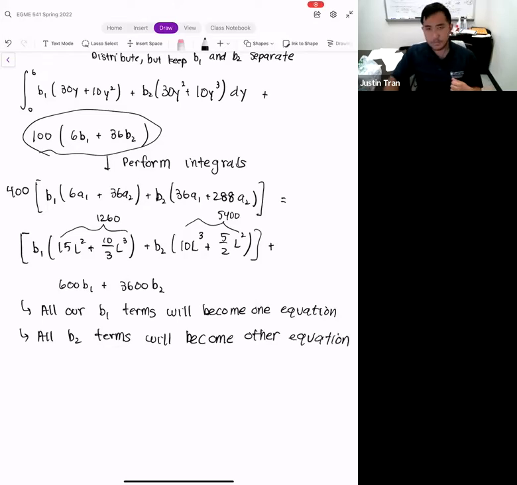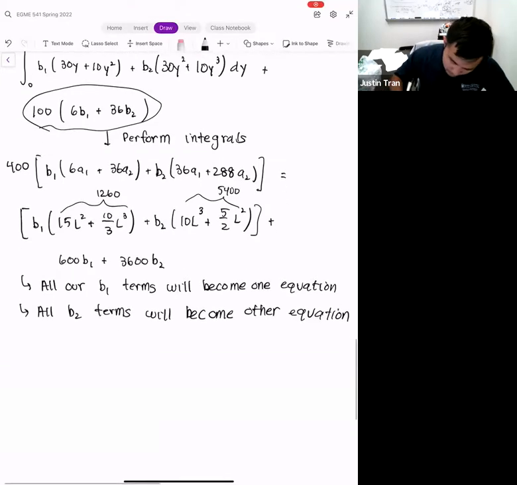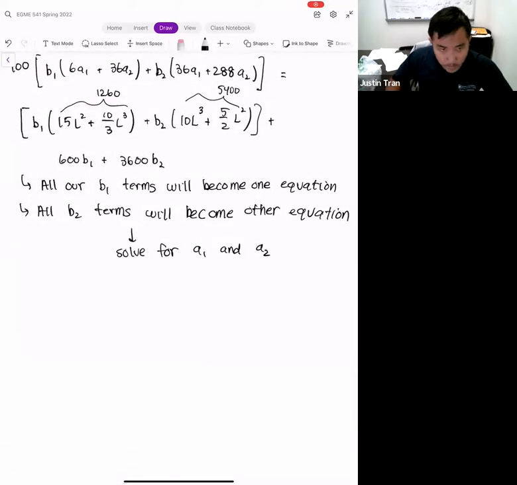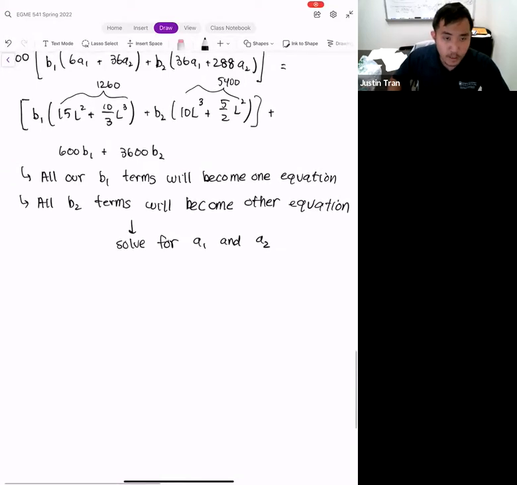We're going to use those two equations to solve for our two unknowns, A1 and A2. Let me first combine all the B1 and B2 terms, and then we can form the equations from there.